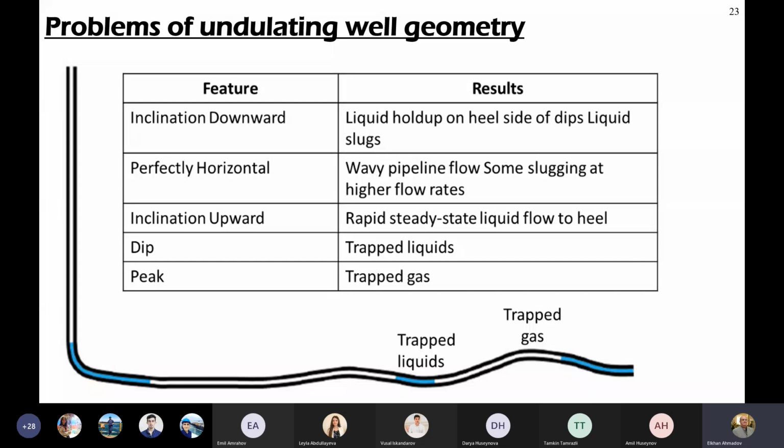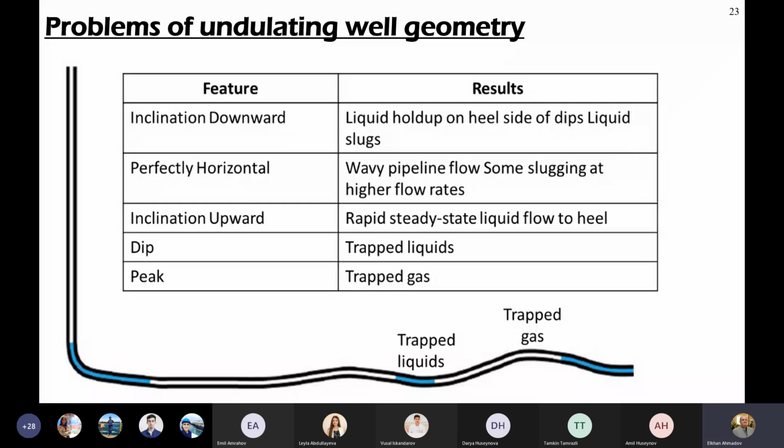The gas will be flowing at the top, and the liquid will be flowing at the bottom, and that may cause, again, slugging, and at very high rates, because at very high rates this stratification or segregation will cause wavy flow, and wavy flow will cause, again, the separating gas portions and liquid portions, creating some slugging effect again.